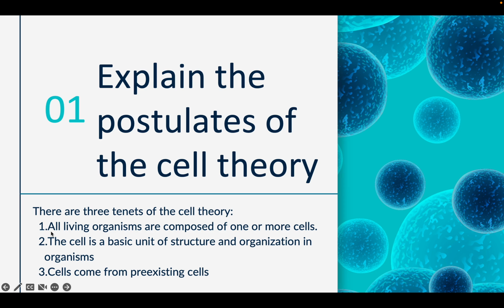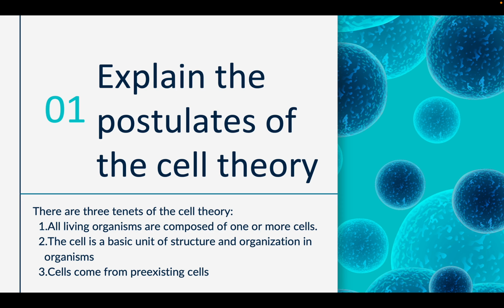Everybody read. All living organisms are composed of one or more cells. This tenet asserts that all living things, regardless of their complexity and size, are made up of cells. The cells are the smallest structural and functional units of life.